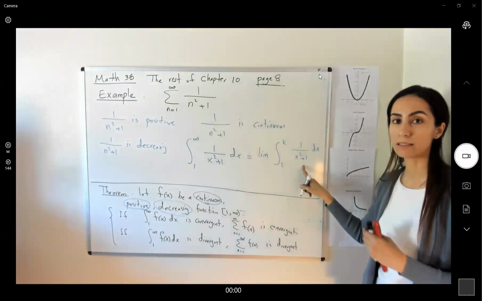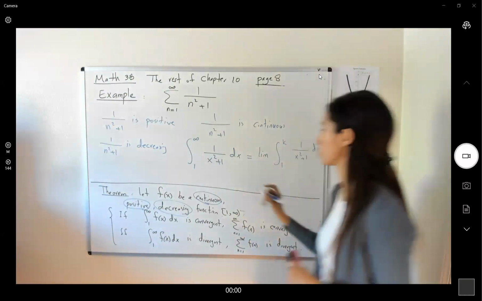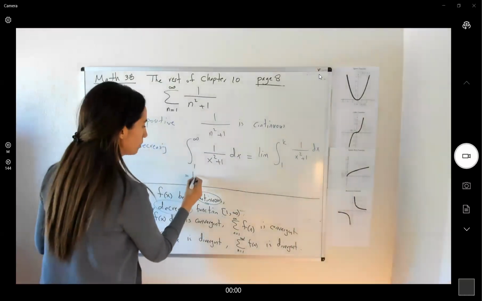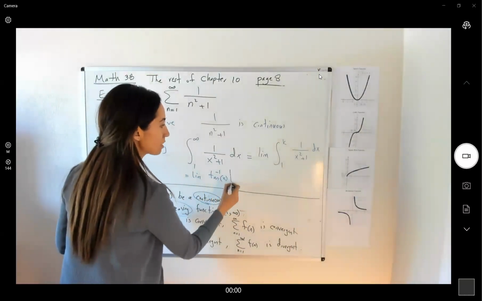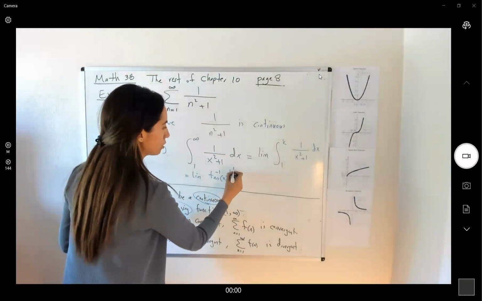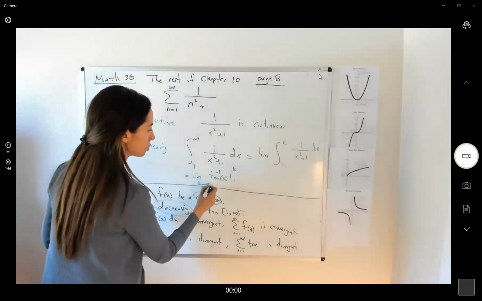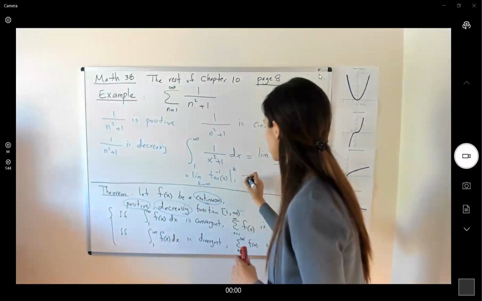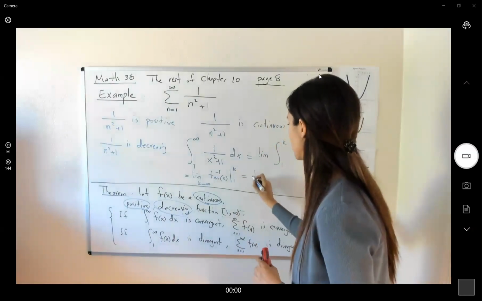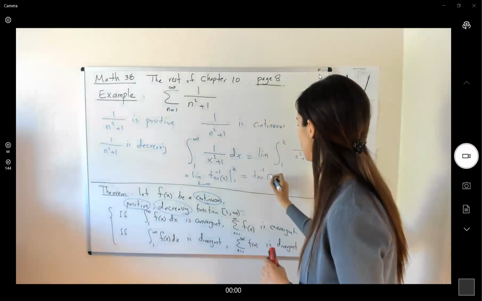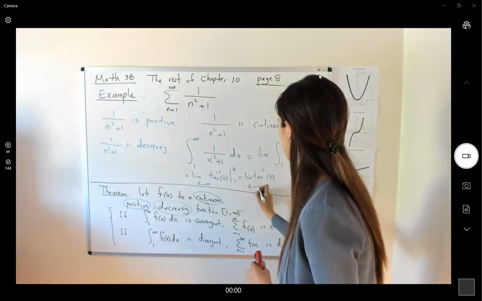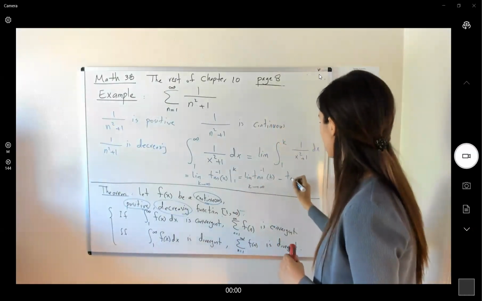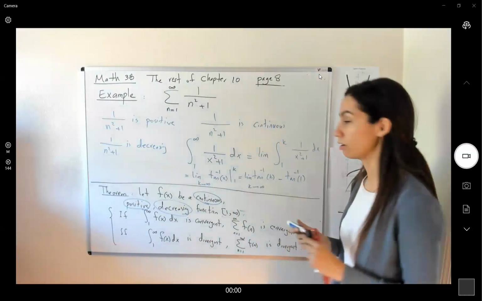We know that this is the inverse tangent function. This is the limit of inverse tangent of x, x goes from 1 to k, and k goes to infinity. Okay, this is equal to inverse tangent k, while k goes to infinity, minus inverse tangent of 1.